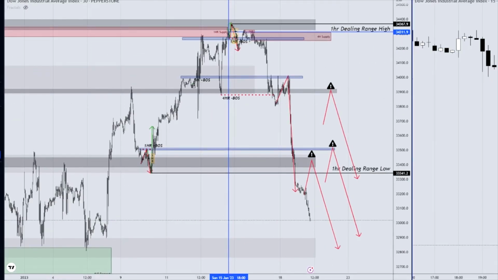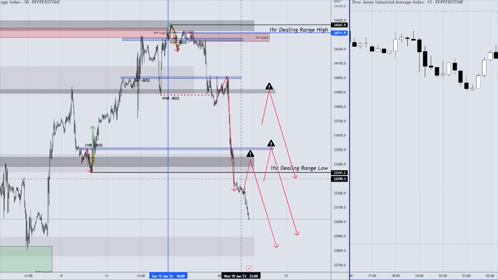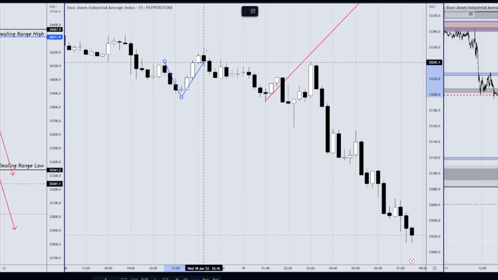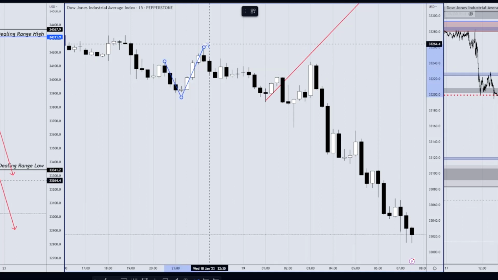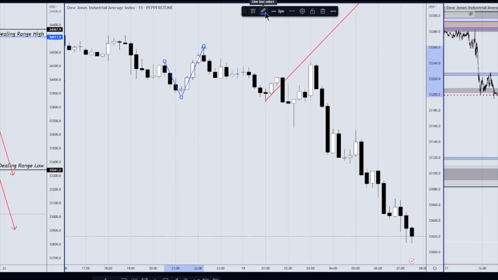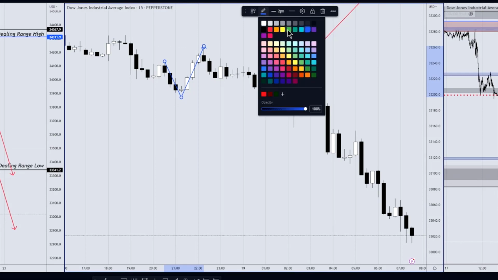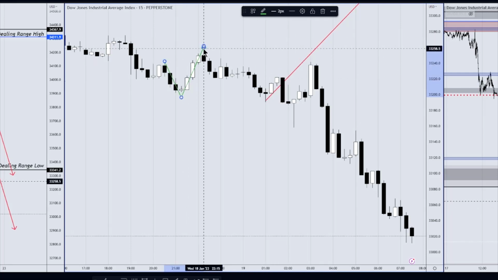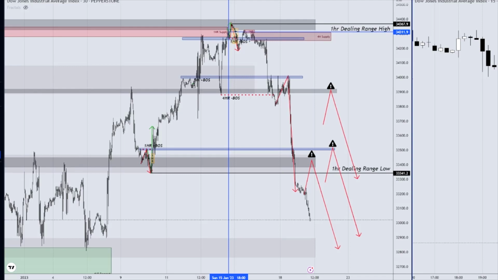So if I just put the fractal in, man, I hate it when it does this. Okay, so green for the buy model. I'm going to start that again. Screwed that up.